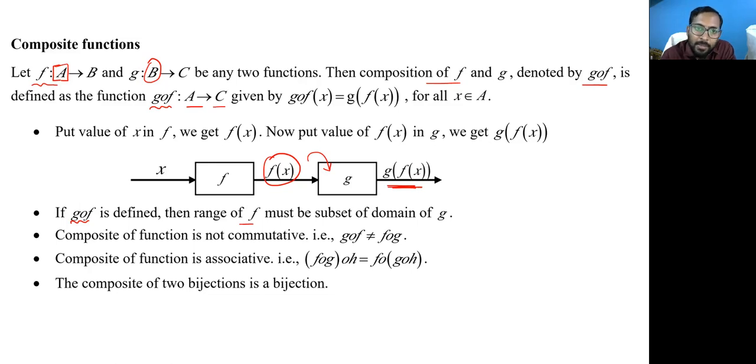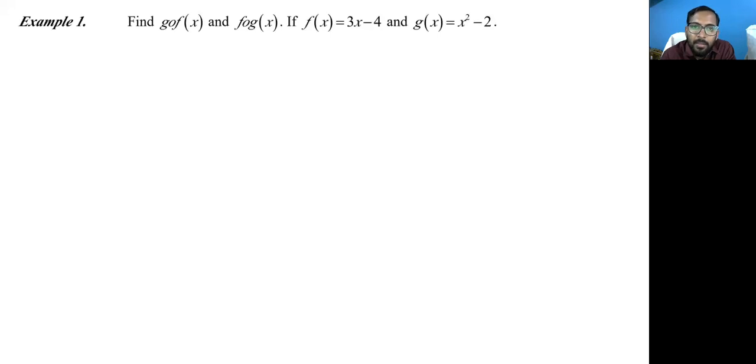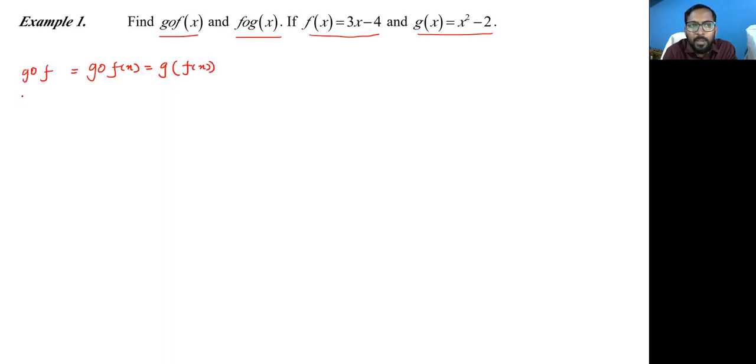Let's check some examples. Here it is given f of x equals 3x minus 4 and g of x equals x square minus 2. We need to find g of f of x and f of g of x. g of f of x is also written like this: g of f, or g of f of x.